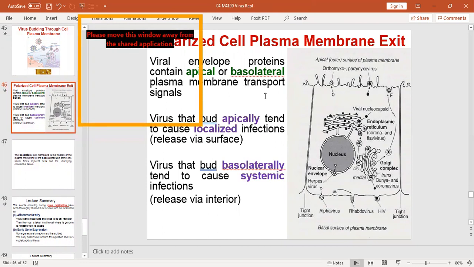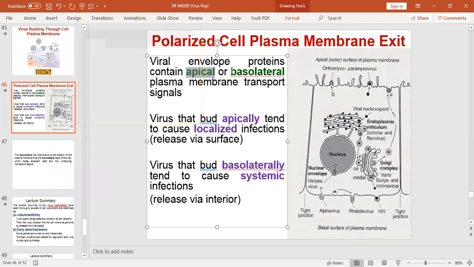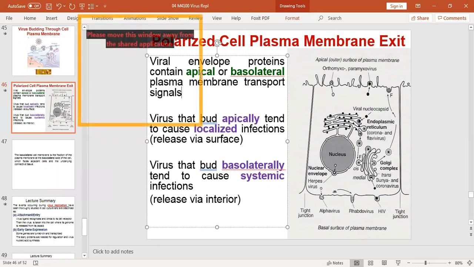These are regions within these proteins that dictate them to exit either through the apical portion of the host cell or through the basolateral. So, viral envelope proteins have apical or basolateral plasma membrane transport signals.